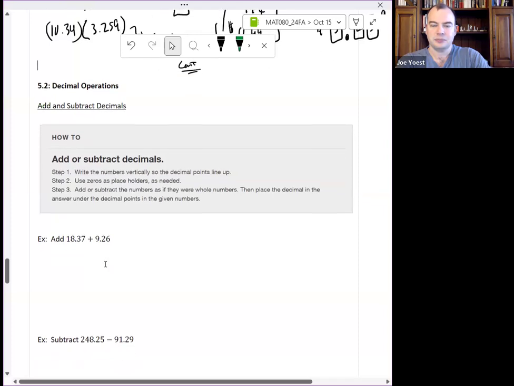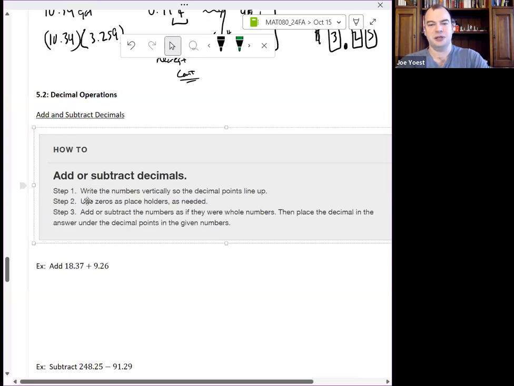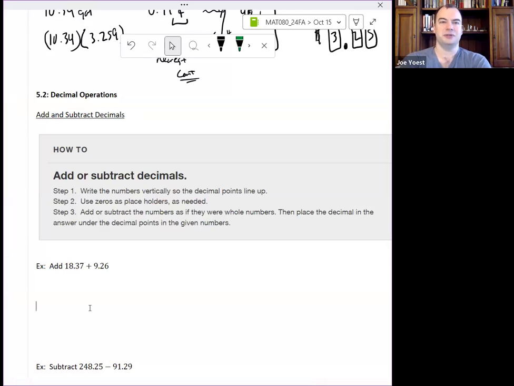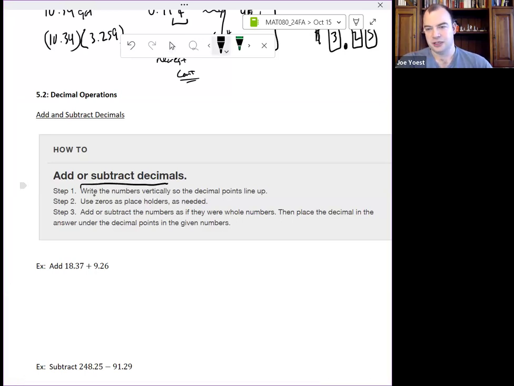Yep. Okay, so on to addition or subtraction of decimals. Super nicely, adding and subtracting decimals procedurally works very similarly to adding and subtracting whole numbers or integers. The most important step here is that we write the numbers vertically so the decimal points line up.